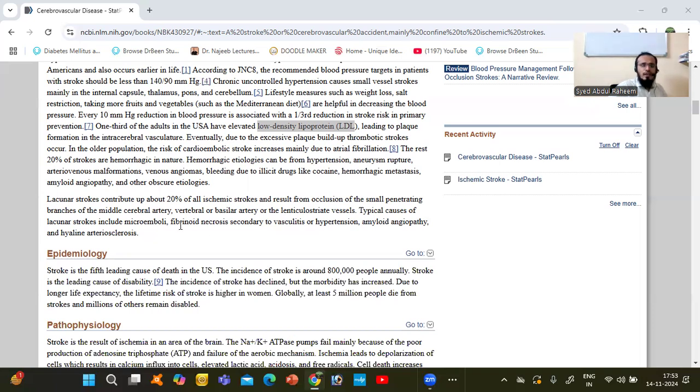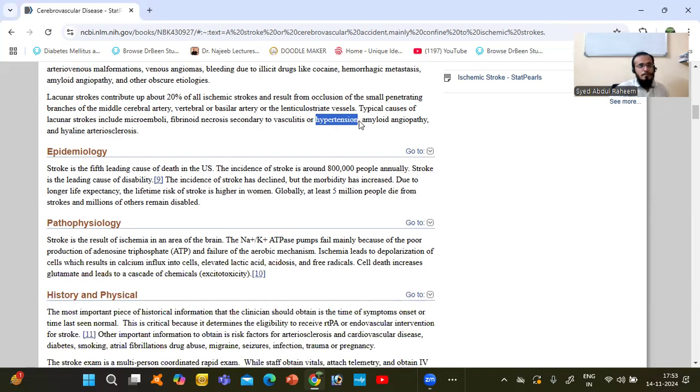These are the areas where you can see the lacunar stroke. The cause is mostly fibrinoid necrosis, hypertension. So the most common cause of stroke is hypertension itself.